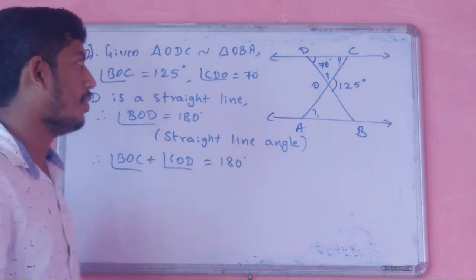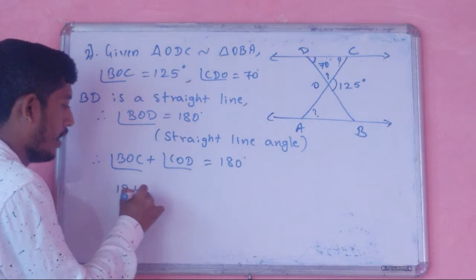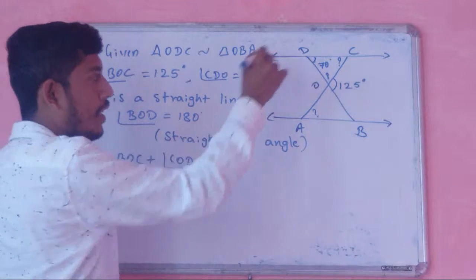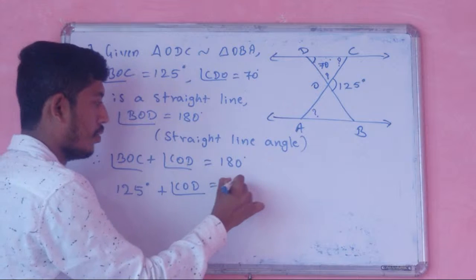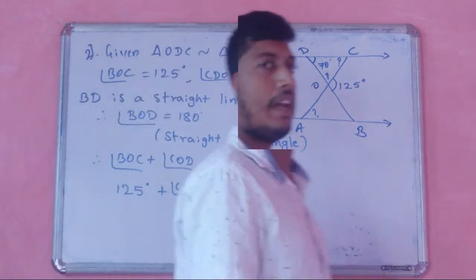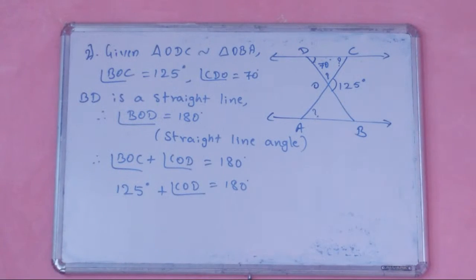Angle BOC is how much? 125 degrees. Angle COD we have to find out, so it is the unknown angle. Just calculate by yourself and find the value of angle COD.